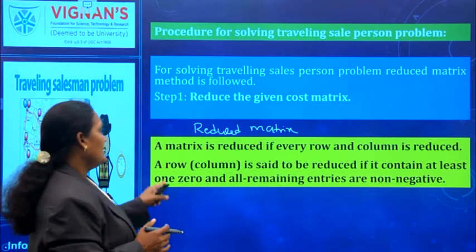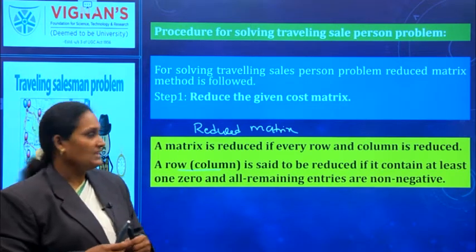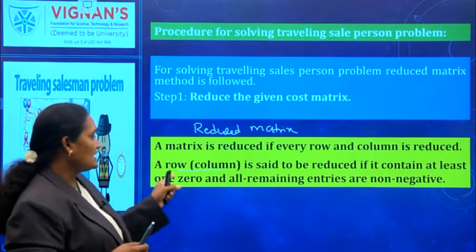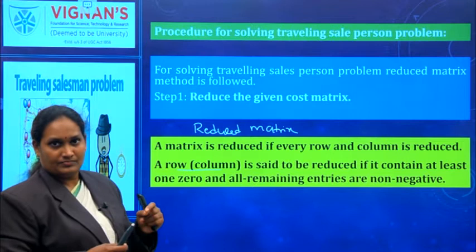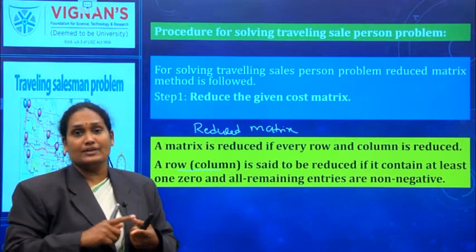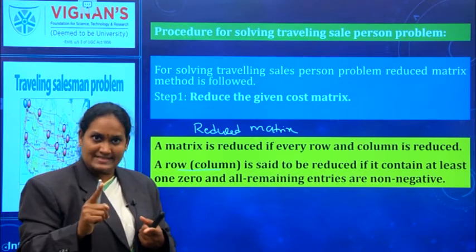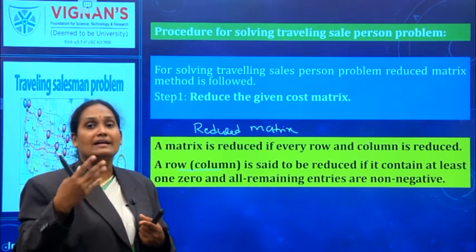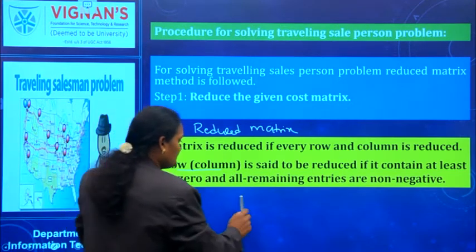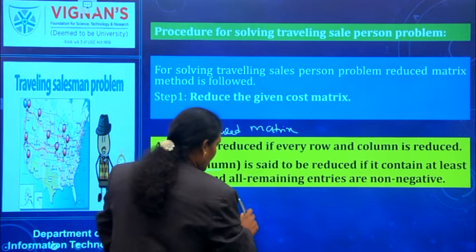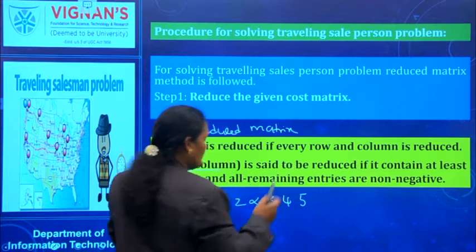What is row reduction? A row or a column is said to be reduced if it contains at least one zero and all remaining entries are non-negative. For example, the cost matrix contains a row like this.